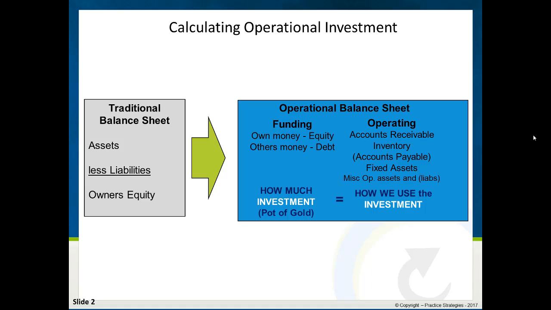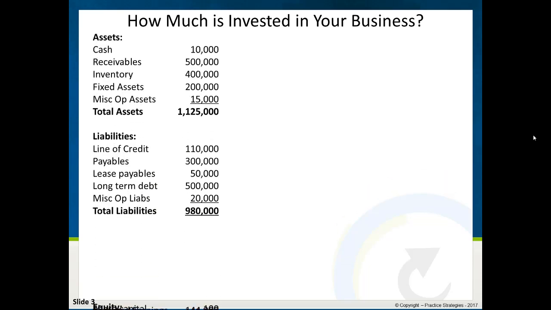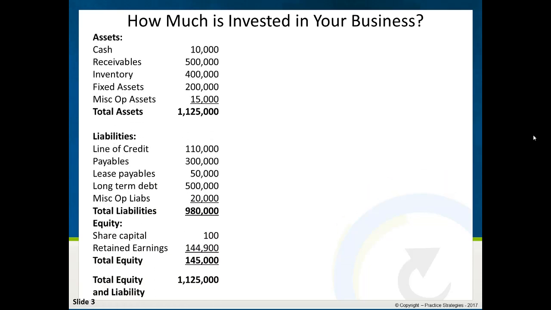Let's look at the same concept numerically, and let's bring up a traditional balance sheet and then go through that balance sheet and put either an F or an O for funding or operating next to each line item. Now, if there's ever going to be any confusion in how the DuPont system recasts the balance sheet, it will come down to cash, which is treated as negative debt.